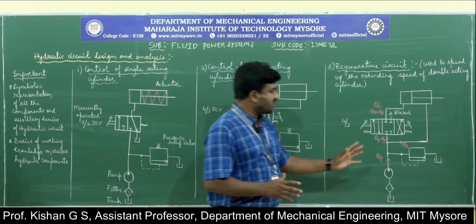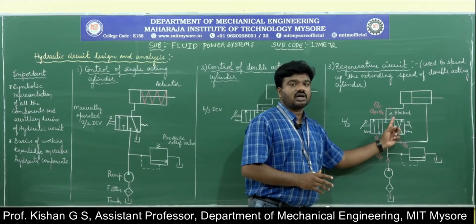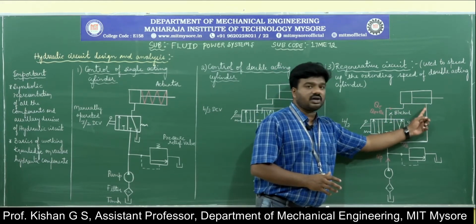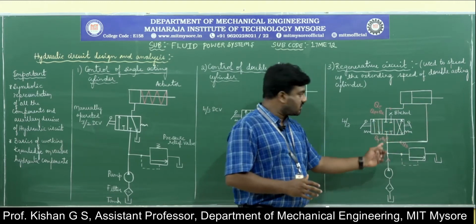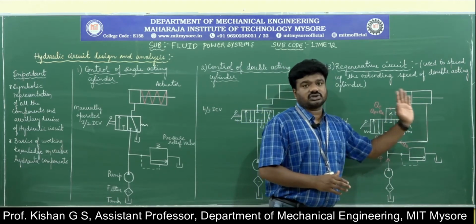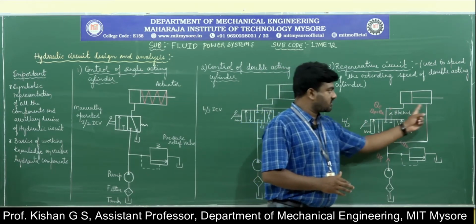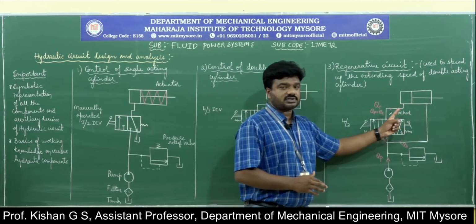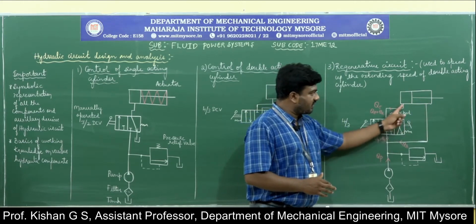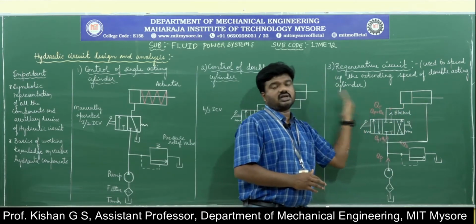The only thing is that in the second position the entire system port will be blocked, so there will be a supply of fluid from the blocked region into the inlet. In the third position, the retraction is achieved through the supply from pump port to system port B. At the same time there will be a supply from system port A to the tank port, because you have to retract the piston in the actuator.